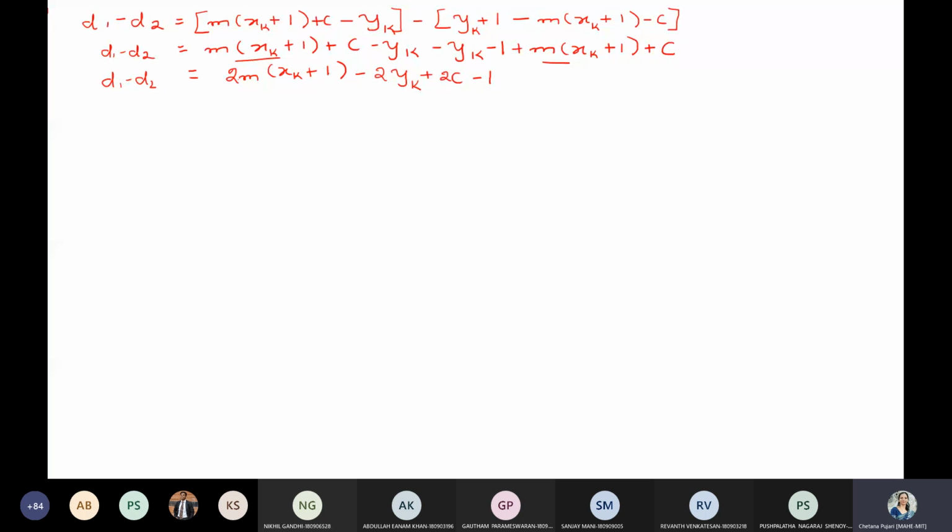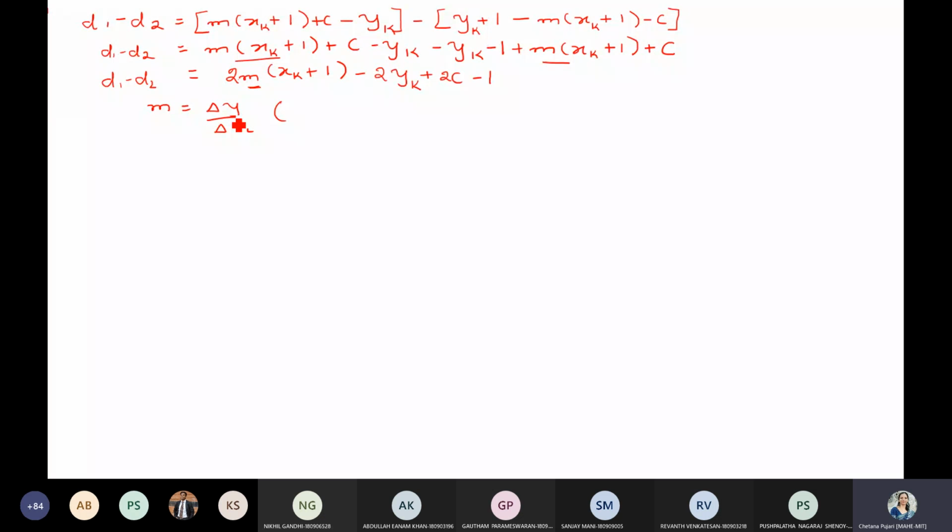So as you can see in this equation we have m, right? So as we have m equal to delta y by delta x, what happens if I'm using m in this equation? This may give me a float value, right? Because it's a fraction.